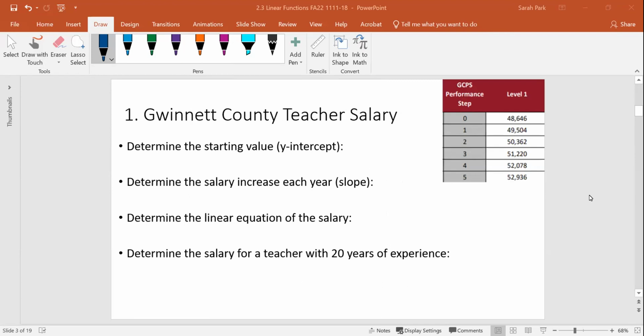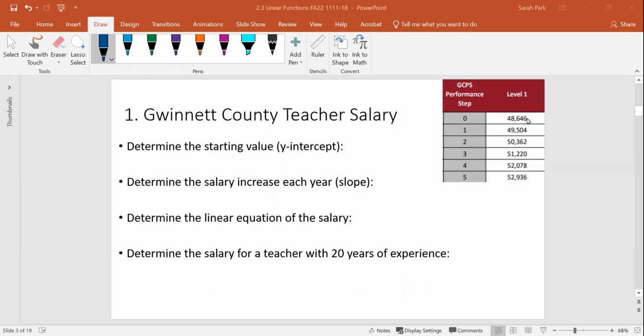First, let's take a look at a linear rate using Gwinnett County teacher salary. This may be different because I'm using data from last year. Here is the Gwinnett County teacher salary. When they first start, it starts at $48,646.